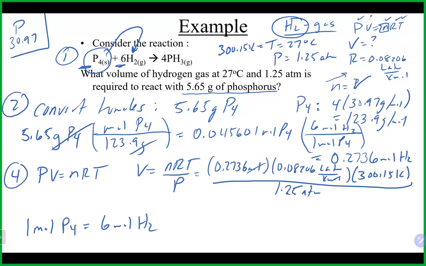Moles will cancel, Kelvin will cancel, atmospheres will cancel, going to leave us volume. And that means in this case here, we're looking at about 5.39 liters of H2.